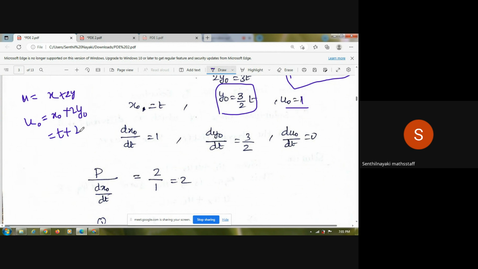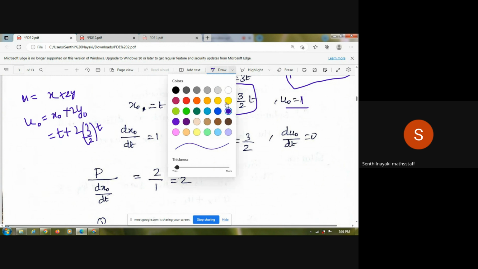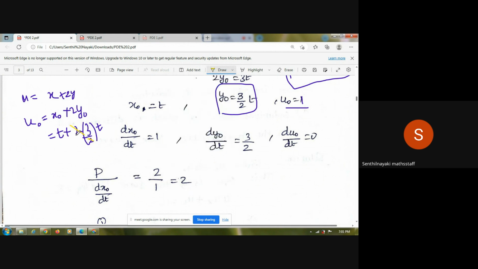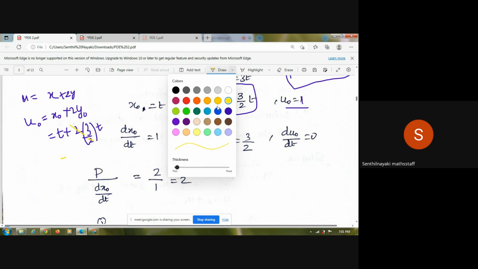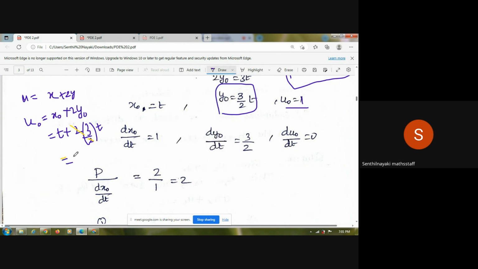Instead of y naught, we get 2 times 3 by 2 into t. So the 2 gets cancelled. So t plus 3t equal to 4t. Then this u naught value also becomes in terms of t. This is an example, but in this case u is simply a constant, that is 1, so there is no problem. Therefore u naught equal to 1.